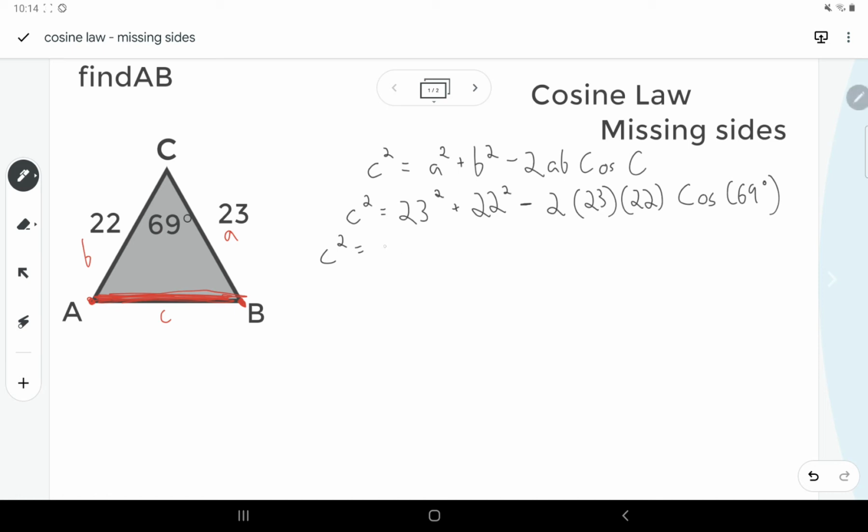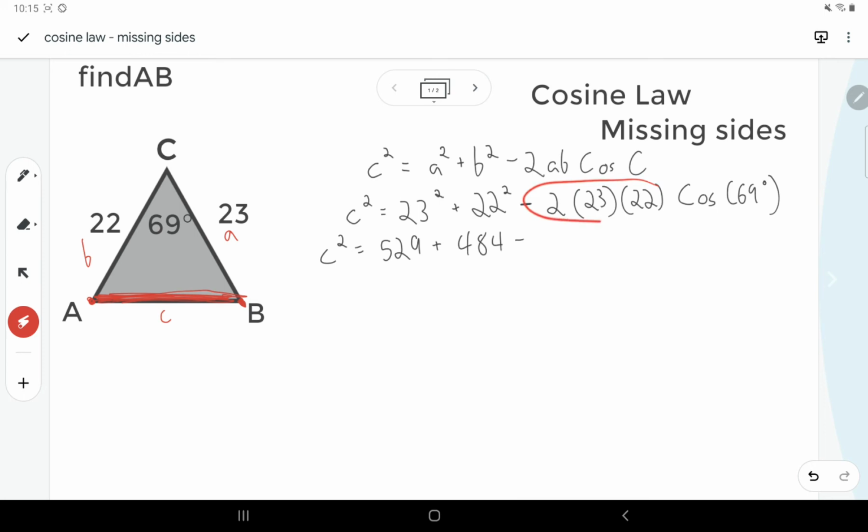So 23 squared, or 23 times 23, is 529. You can check that on a calculator if you like. I know I use one when I do this. I don't do this in my head. Plus 484, which is 22 squared, minus, now I like to keep all of these together and keep this on the side. I'll show you why in just a moment.